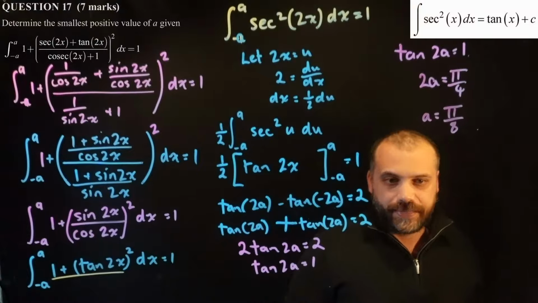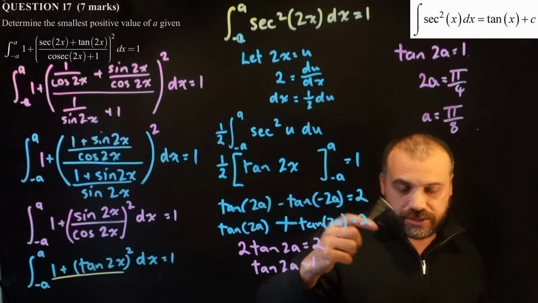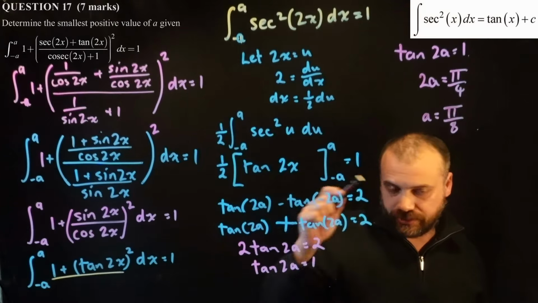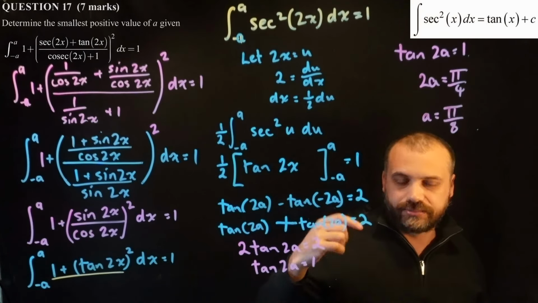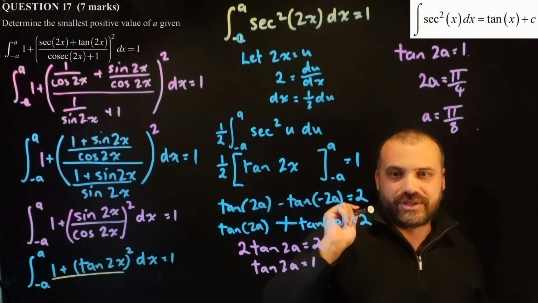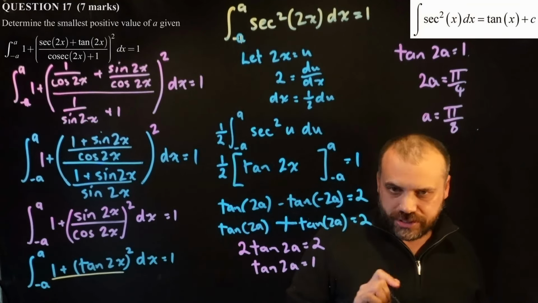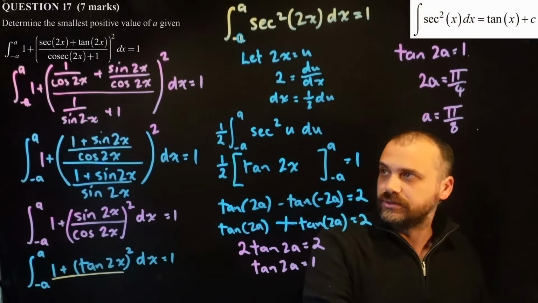My answer is pi on 8. Are there other answers? Yes, because of the way trigonometric functions repeat on themselves. We could do pi on 8 plus 2 pi, etc. But this is the smallest positive value of a. What a wild, wild question.